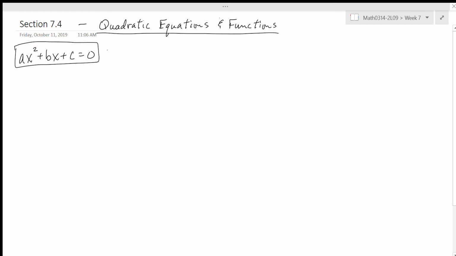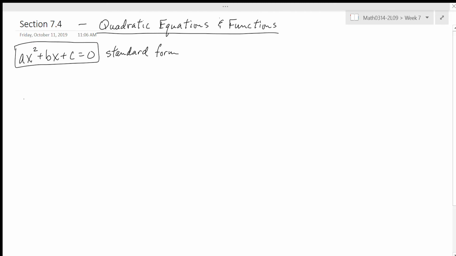So again, this is called standard form of a quadratic. Notice that it does have to be equal to 0, and the exponents need to be in descending order. If the exponents start at 2 and then 1 and then none, if they go down in order, did you notice that the coefficients are in alphabetical order? A, B, C.